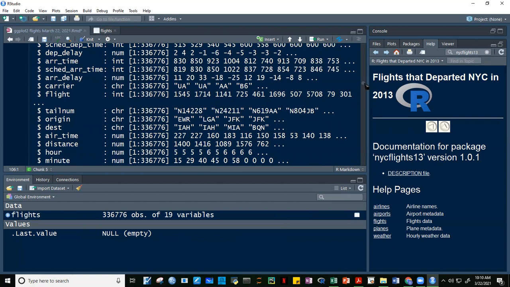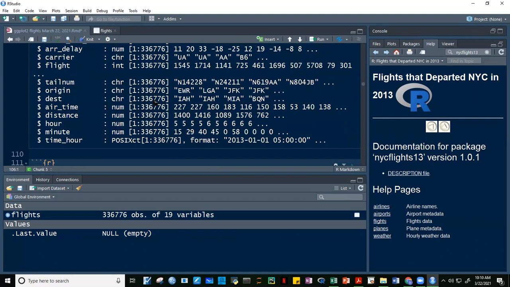Okay, then you have here origin, guys. In New York, they have three airports. You have Newark, you have LaGuardia, and you have JFK, John F. Kennedy Airport. So in New York City, they have three terminals, and then destination, which is the airport at their destination. Airtime, the number of minutes it was in the air.